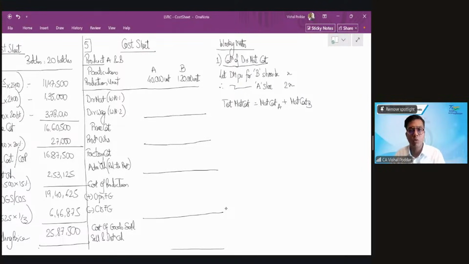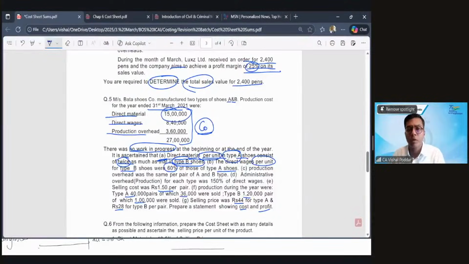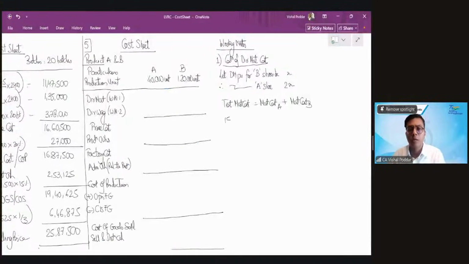Now, how much is the total material cost given for the year? 15 lakhs. So this is 15 lakhs. Material cost of A is 40,000 units into 2x. So 40,000. B is 120 into x.